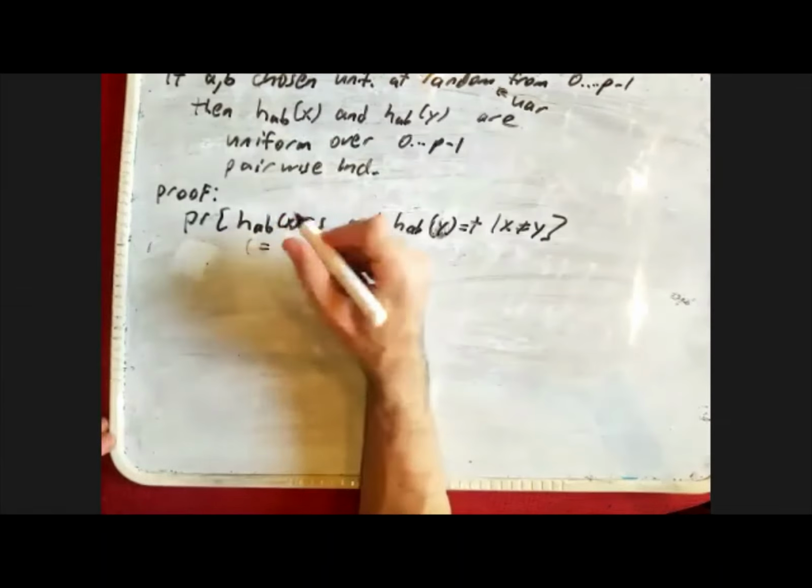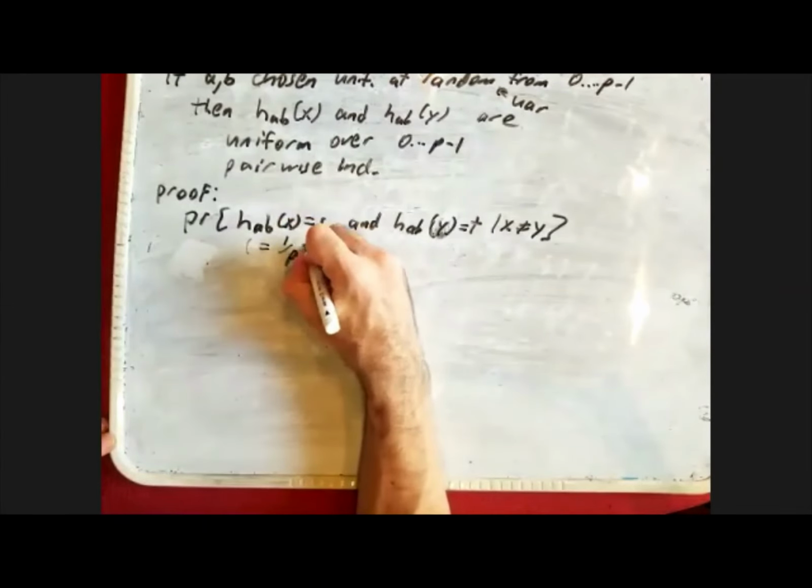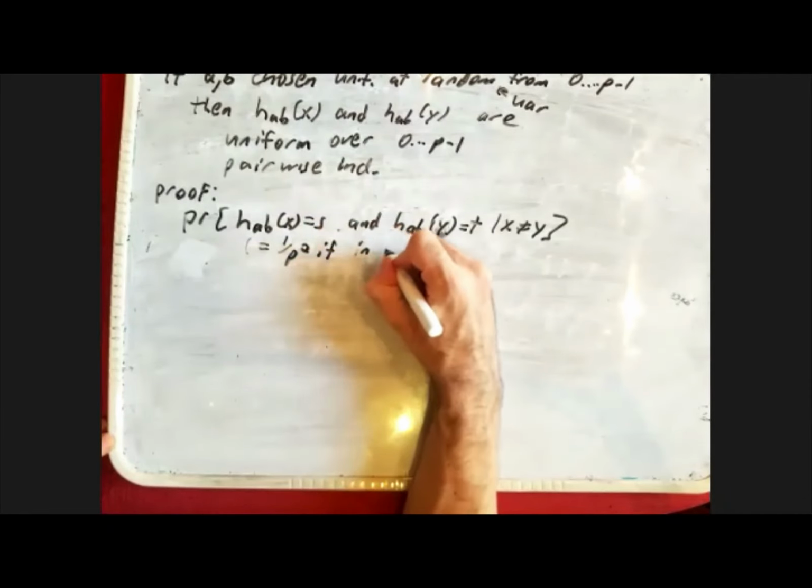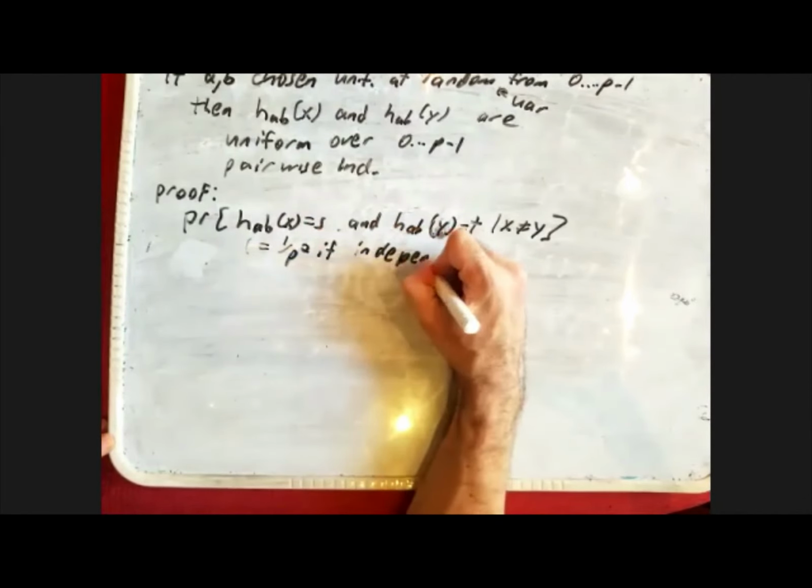If these are truly random, the probability that H of X is S and that H of Y is T, on a random function they're fully independent, so this probability should be equal to 1 over P squared, because every value is equally likely.